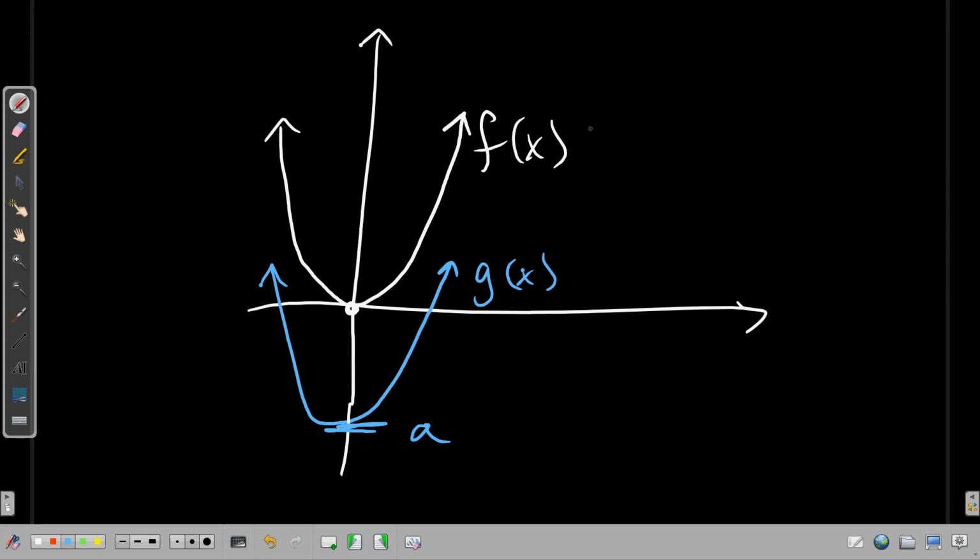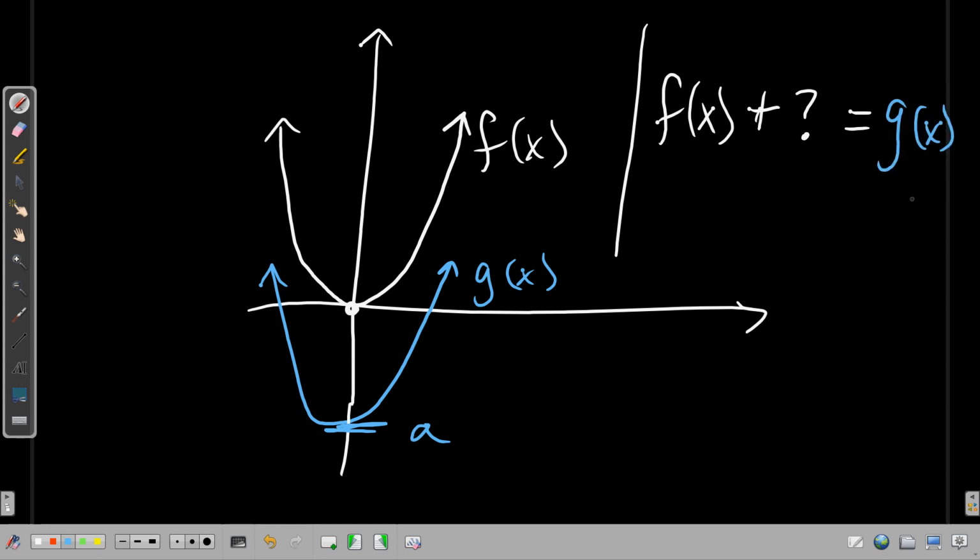And so I'd be curious about how I could modify that y value so that it came out equal to this other function that was transformed.